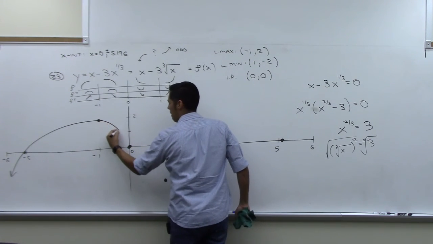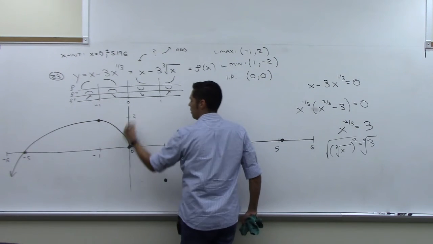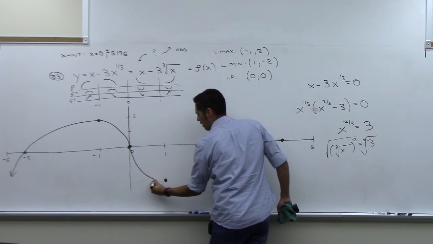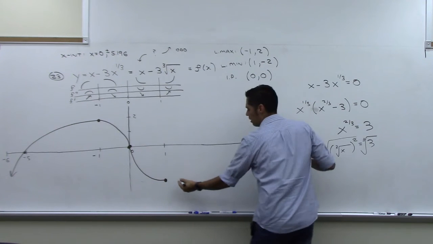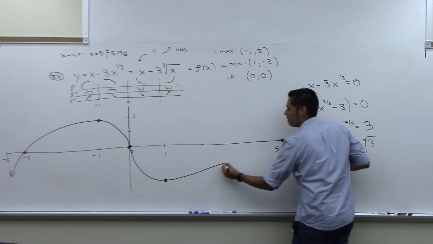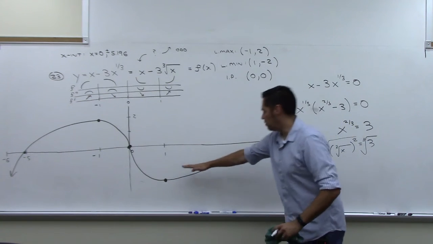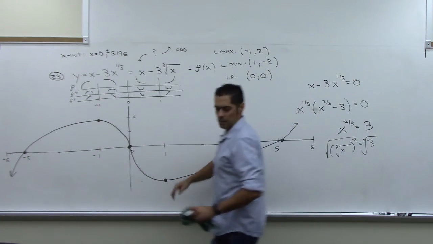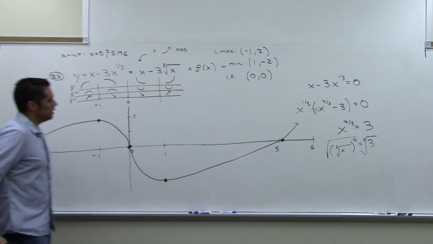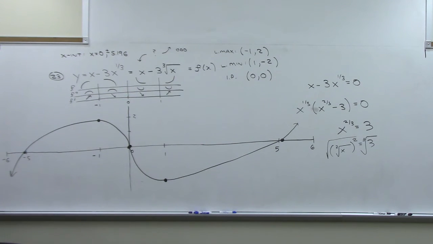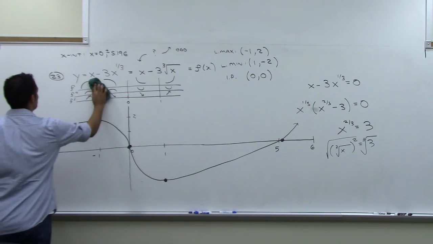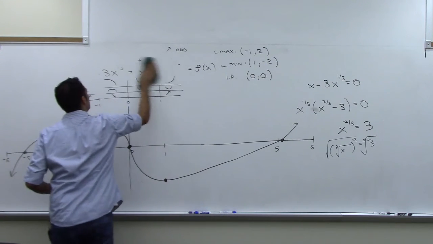And then once I get here, it's gonna switch, concave up. Once I get here, it's gotta go up through this point right here. Whoa, okay. That's supposed to be concave up. And that's it. All right, hopefully I'll be a little sharper on the next problem.